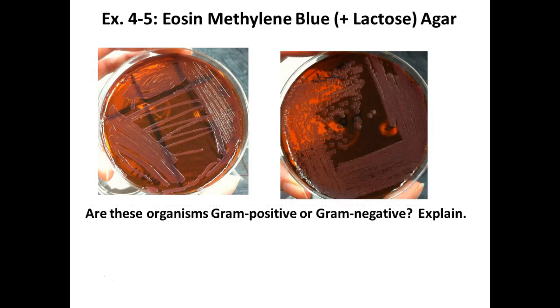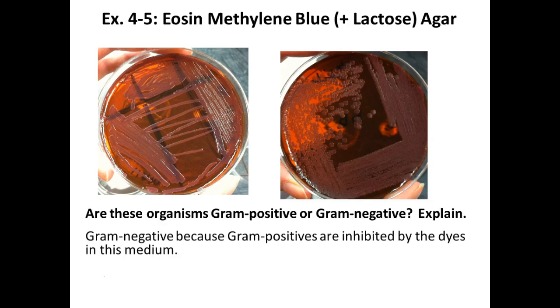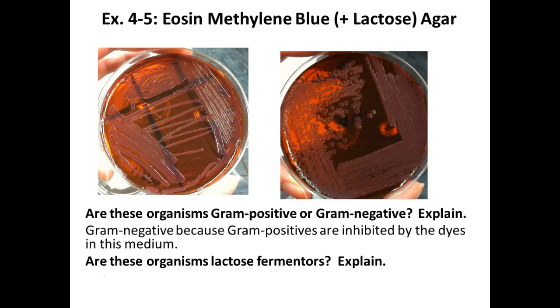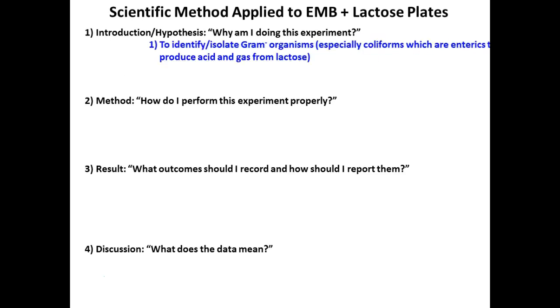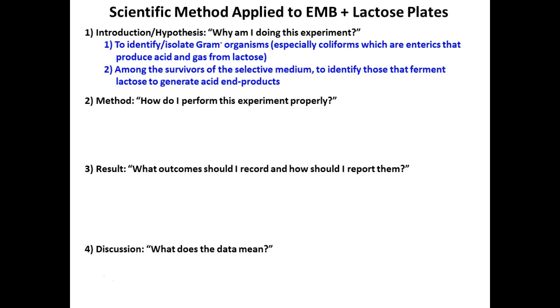These, I know it's kind of hard to see, but they're growing, so we know they're gram negative, right? What color? They're kind of a pinkish purple, right? So, a lot of fermentation or little? Little, right? A little bit of fermentation. So, gram negatives, remember, are going to grow. Gram positives are not.